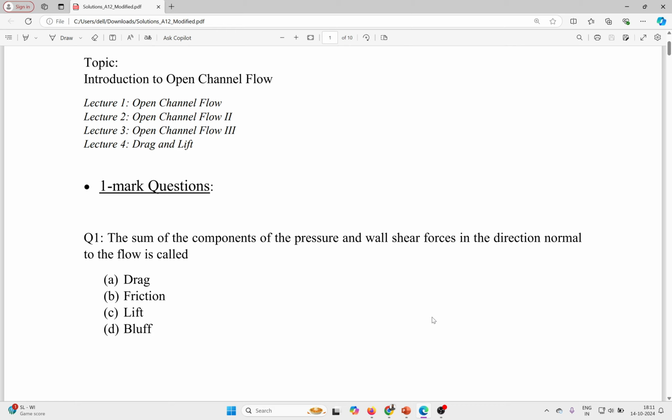So here we are talking about the component force of pressure and the shear force in the direction normal to the flow. Let's suppose a body is here and air is flowing like that.